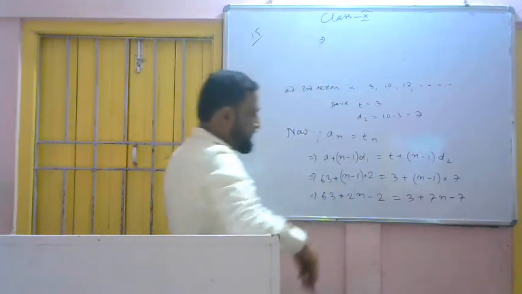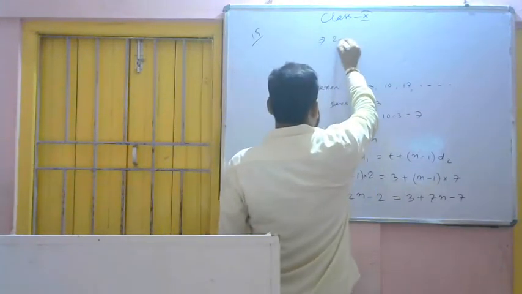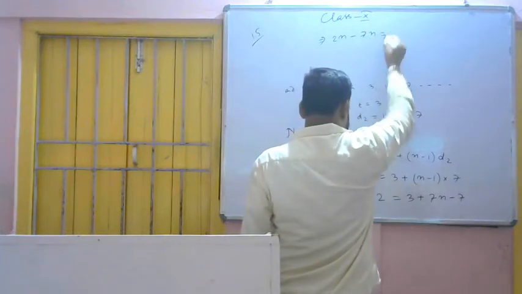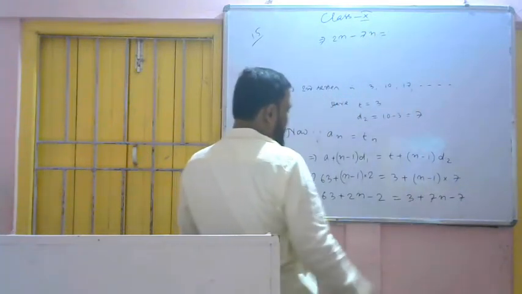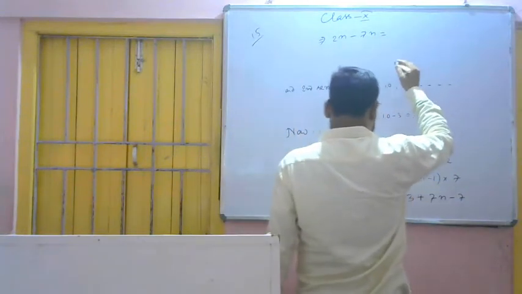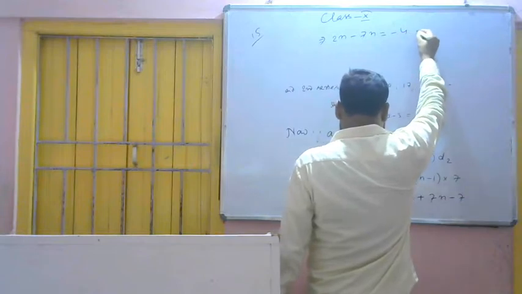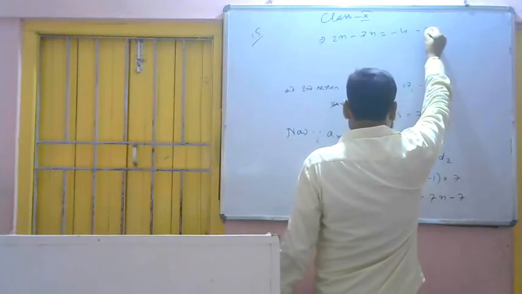This implies 2n minus 7n is equal to minus 4 minus 61.